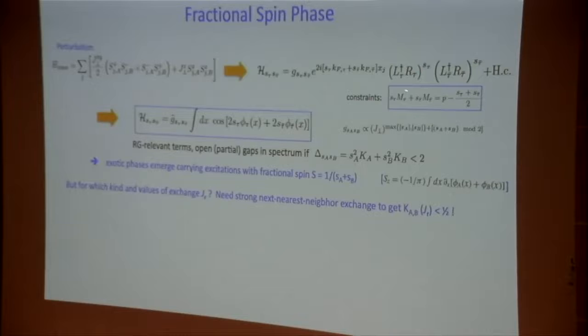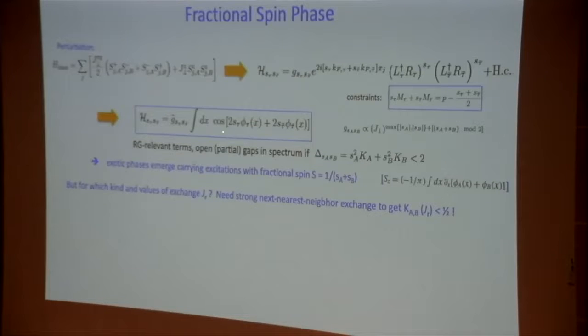And now, bosonizing this term, we get a very simple looking effective Hamiltonian, which is just a harmonic function of the fields phi tau of A and B. So we have these bosonized fields and some power here in the coupling constant.